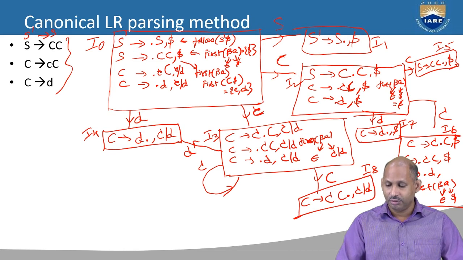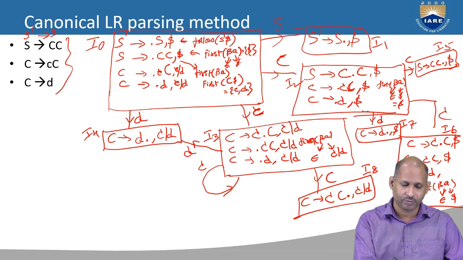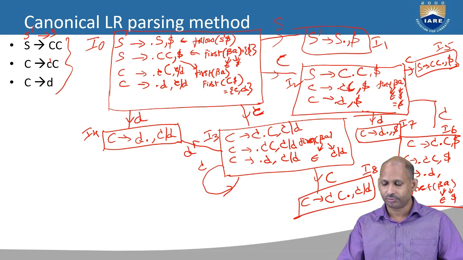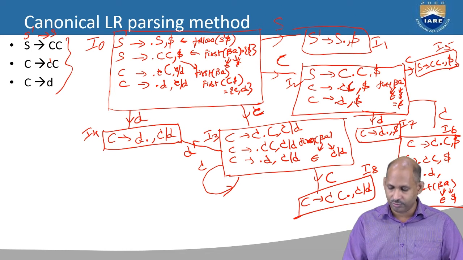In I6, dot followed by capital C, dot followed by small c, terminal C, dot followed by terminal D. Now if variable C is the input, it becomes terminal C, variable C, followed by dot, followed by dollar sign.